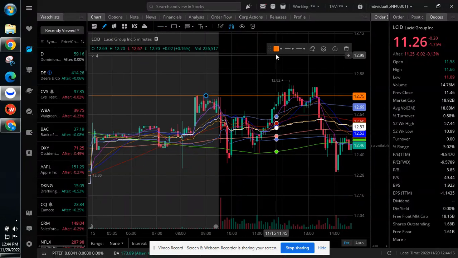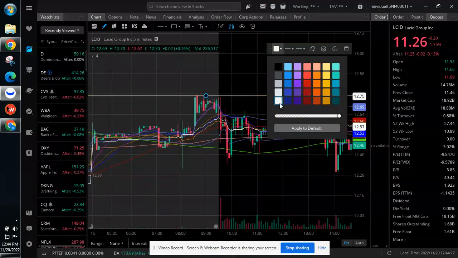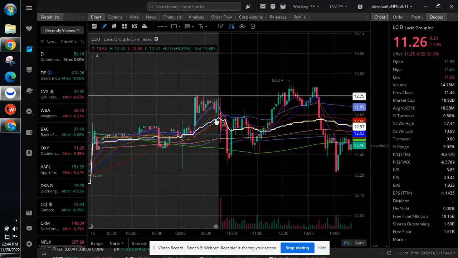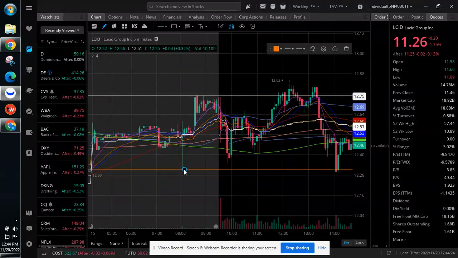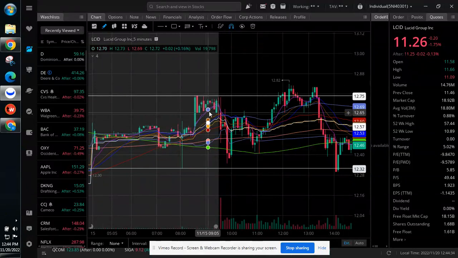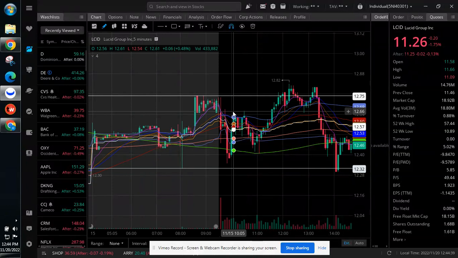We got a pre-market high level. We have our pre-market low level. Then we got a little consolidation area right here, so we also got a pre-market support zone.